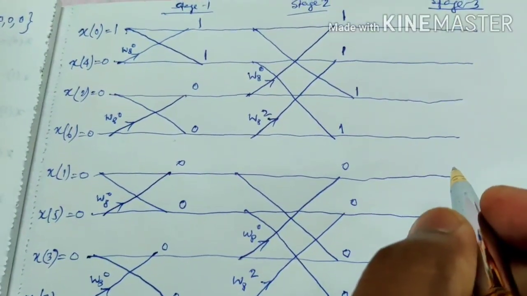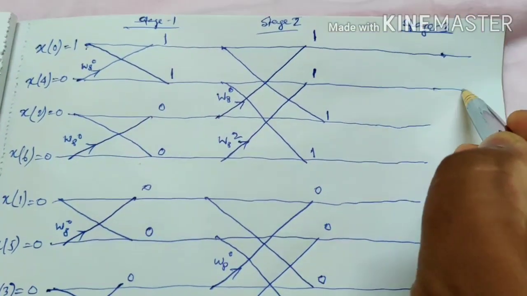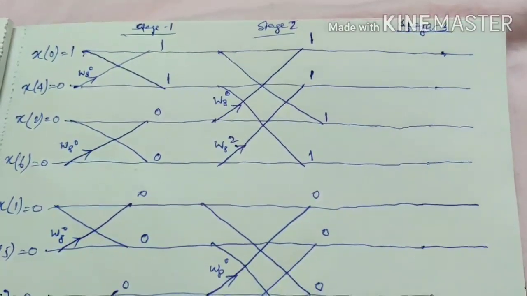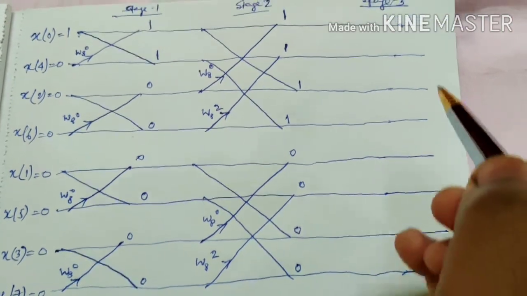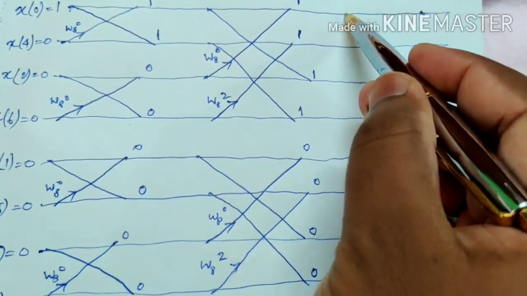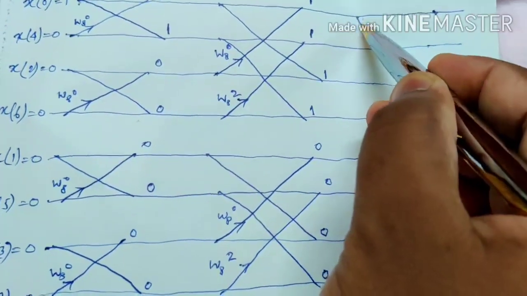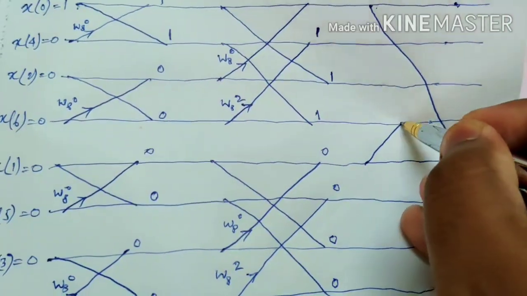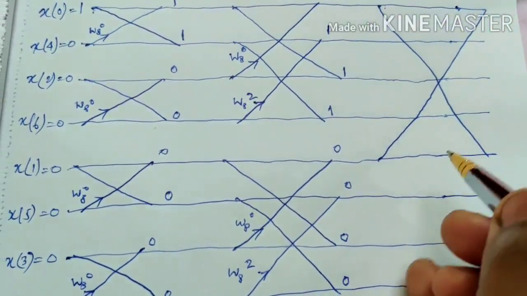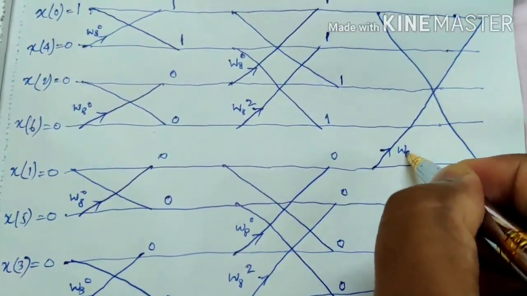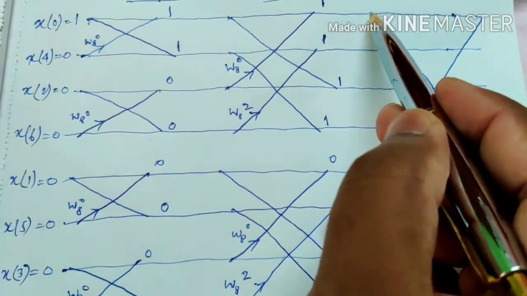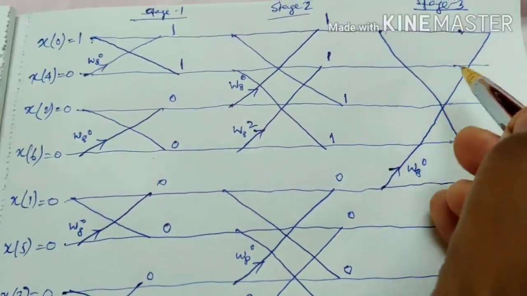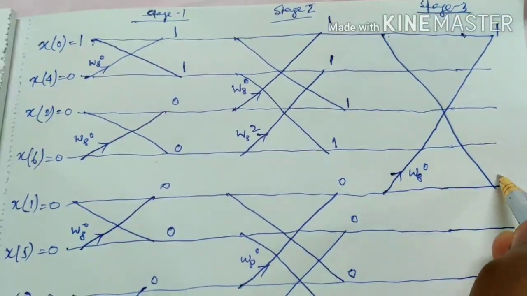So the last stage, that is stage 3. For stage 3, the multiplication will be like this. This is omega 8 0, the value of A is 1 and the value of B is 0. So the outputs will be 1 and 1.